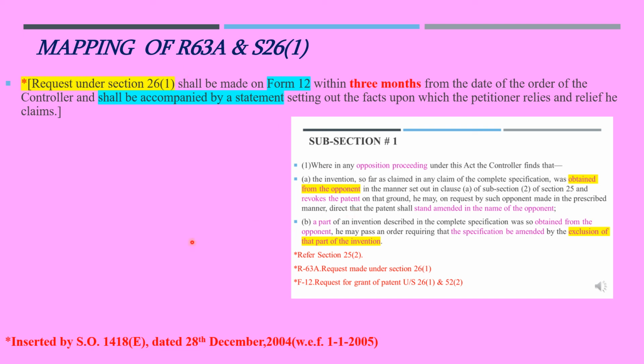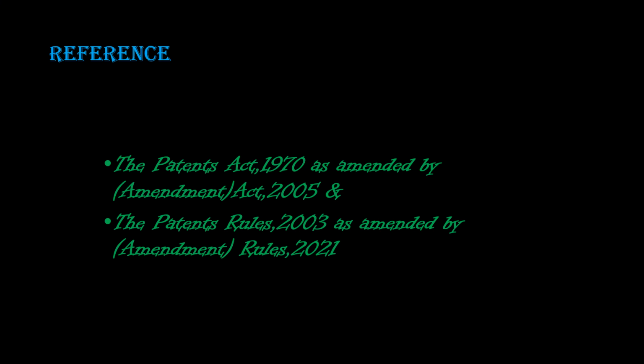So if you have any queries, you can go to the detailed, separate video lecture for section 26 as a whole, or you can just map here and get a very good idea about the rule and the section as well. Fine. The reference is the Patents Act 1970 as amended by Amendment Act 2005 and the Patents Rules 2003 as amended by Amendment Rules 2021.